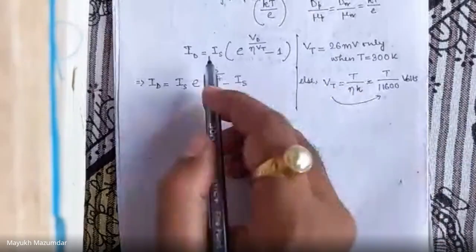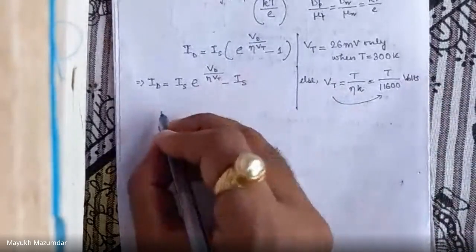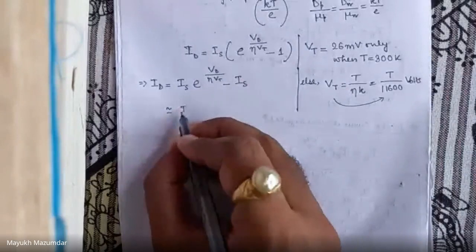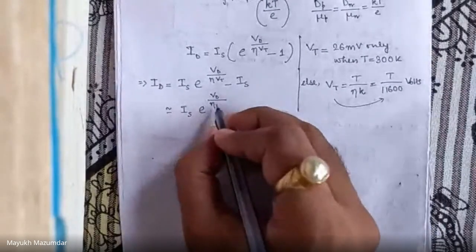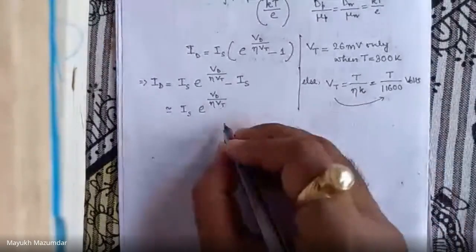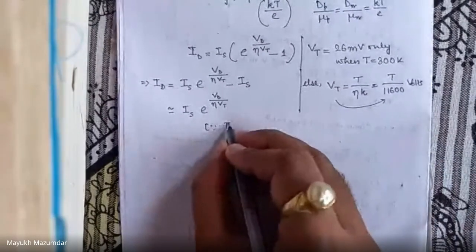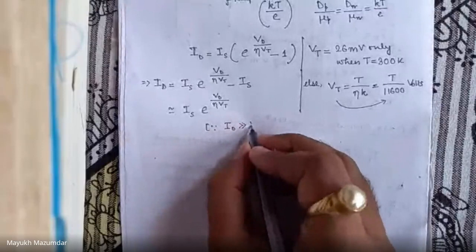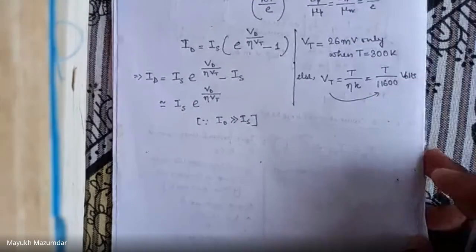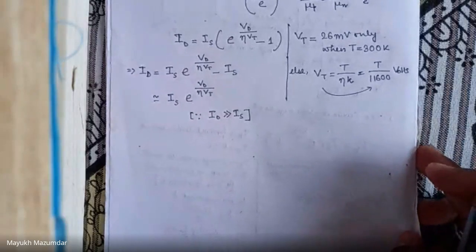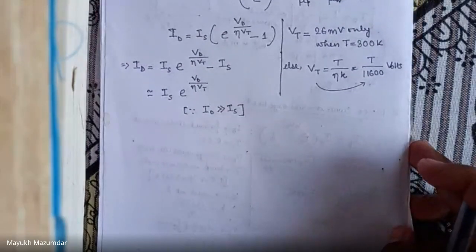I just multiplied, so we put it like this, since we know that the forward current is much greater compared to the reverse saturation current. Got it?